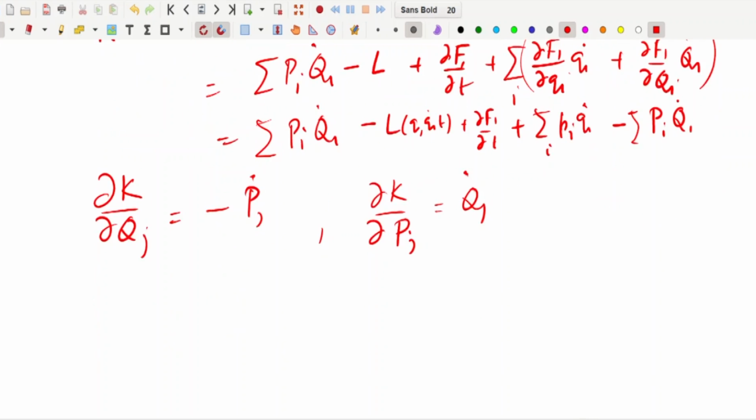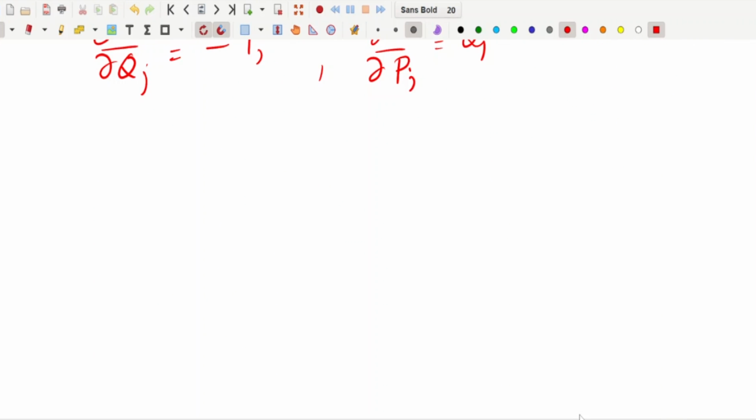Now we will consider an example. Suppose it is given that f1 is half m omega q square times cot Q. So, f1 is a function of small q and capital Q. This is the function given.